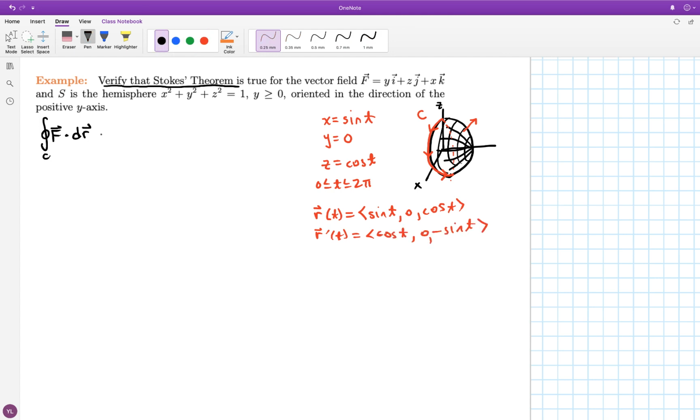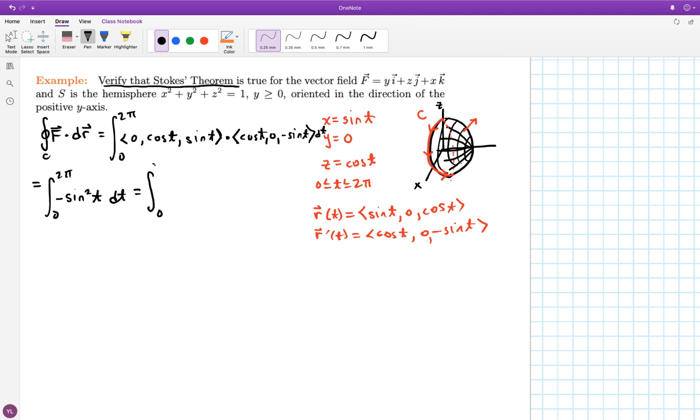Okay, I think I'm ready to compute. I take the vector field and I evaluate it at the parameterization, and dot with r prime. I got a little bit more room, so let me go ahead and evaluate this out.